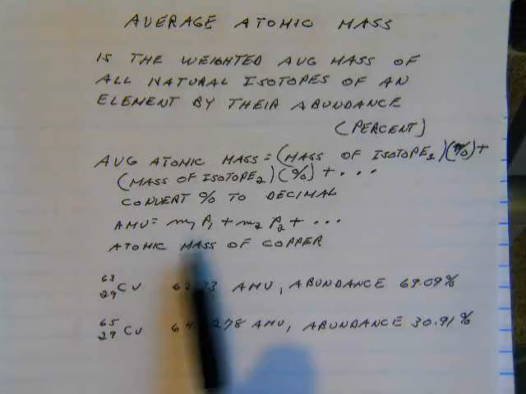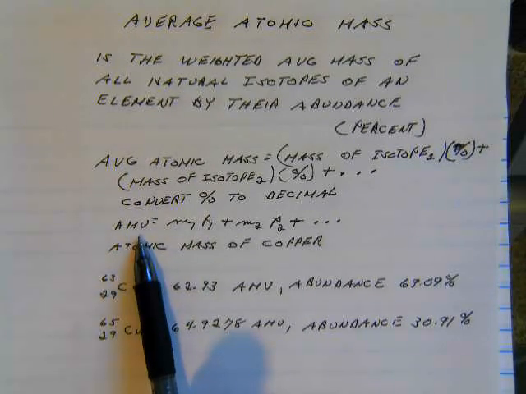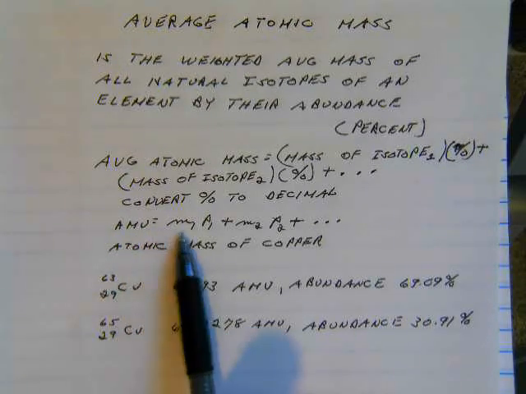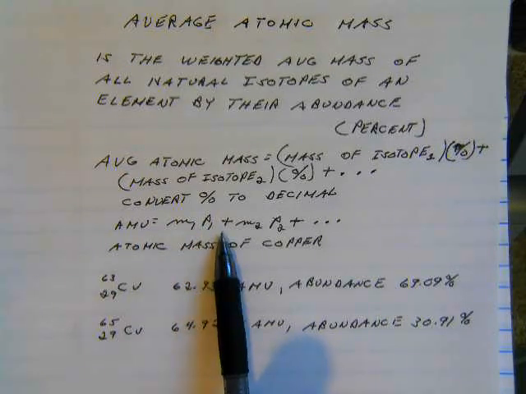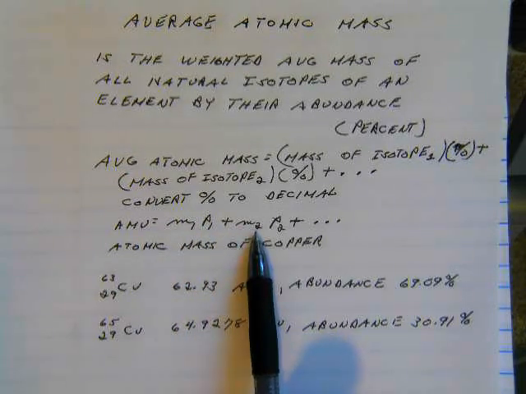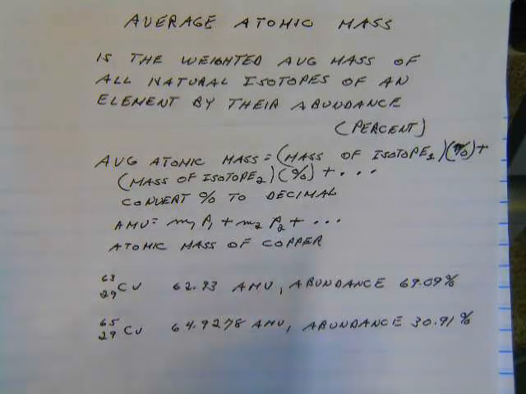In a shorthand formula, the average atomic mass in AMUs equals mass of 1 times percent of 1, plus mass of the second isotope times percent of the second isotope, and so forth.